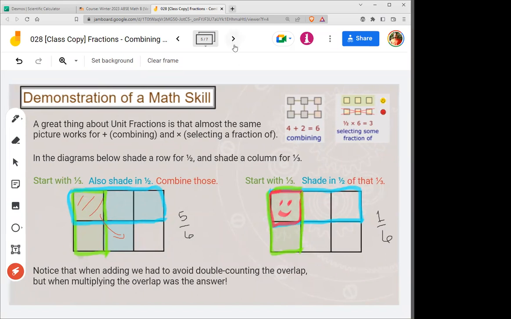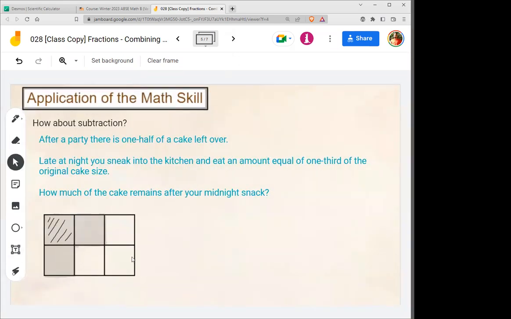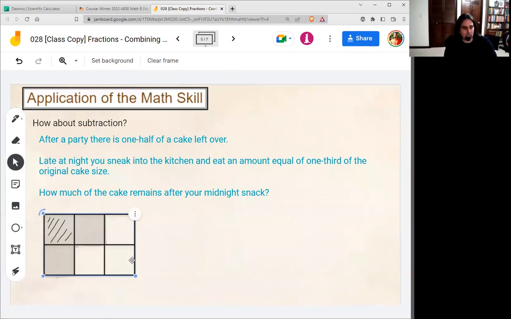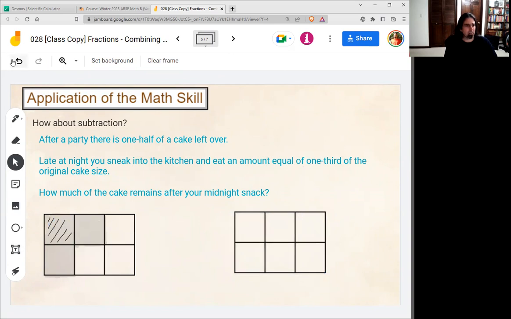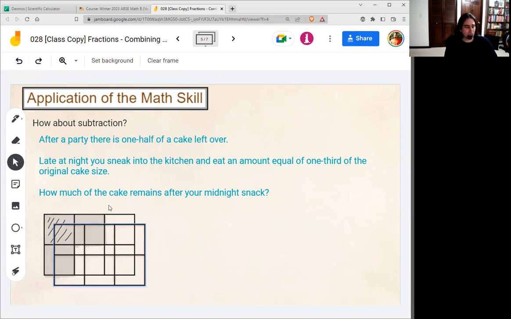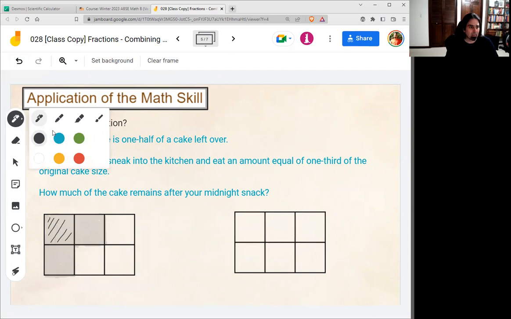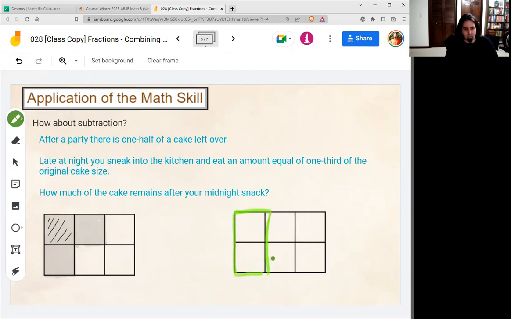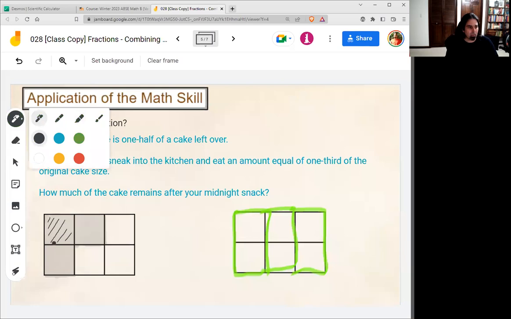So two of them? Two of them, yeah. If it helps you see, it's like 1, 2, 3. So I want to not do a sixth, but a third of the original.